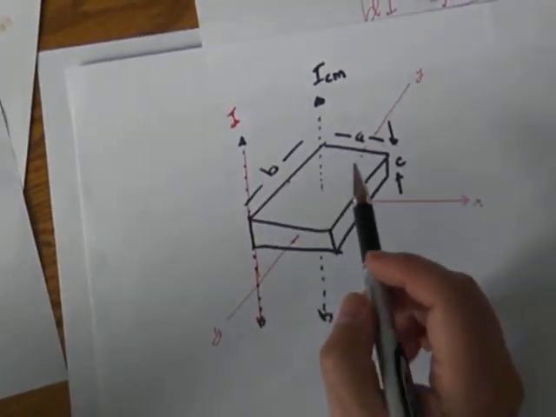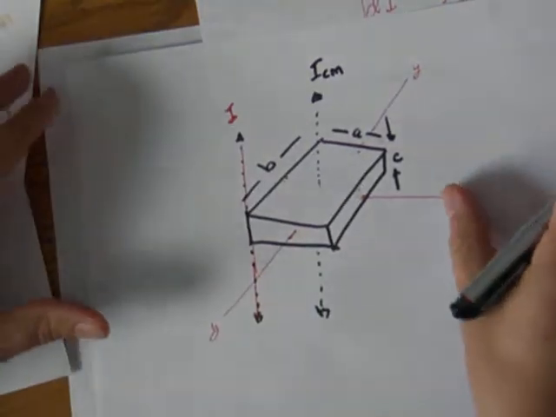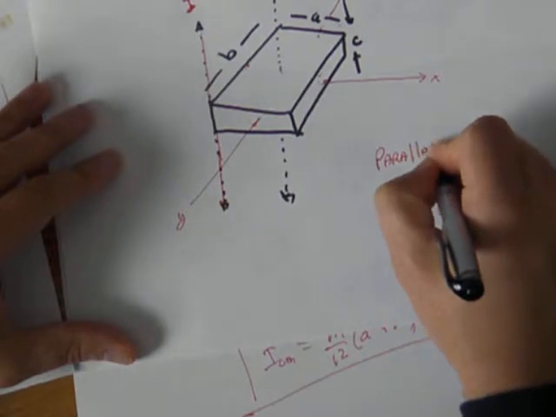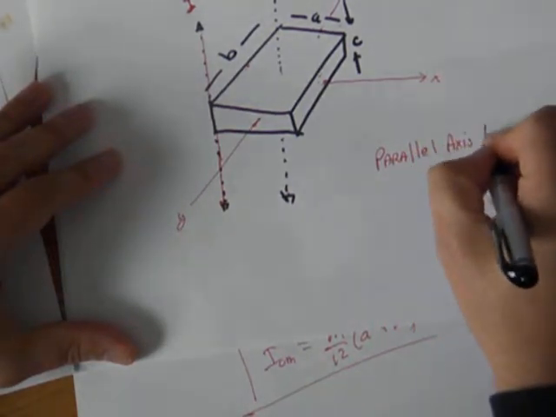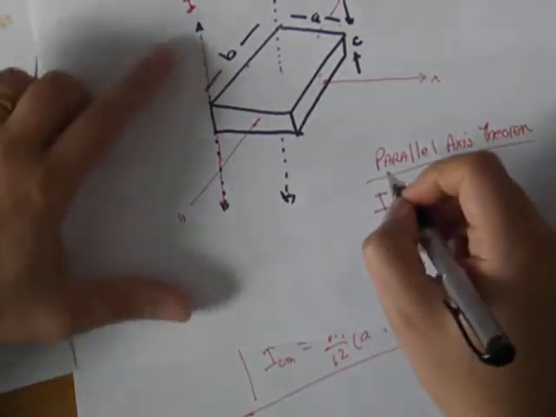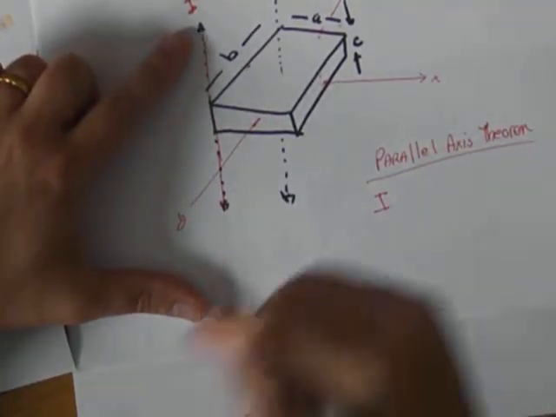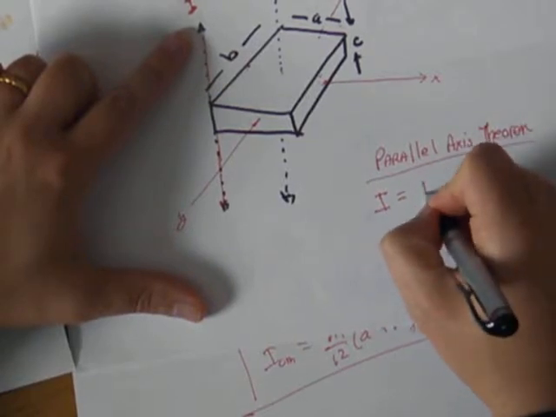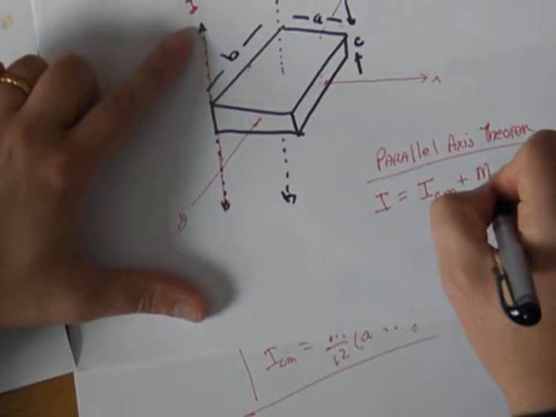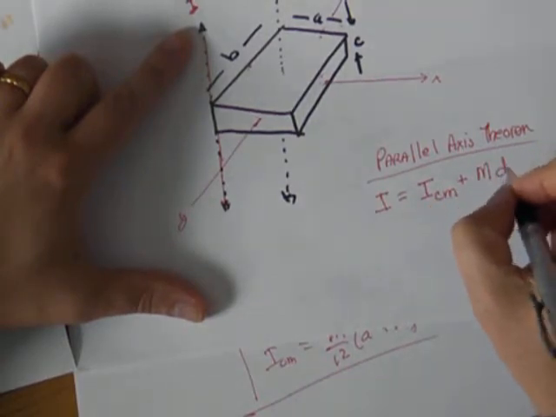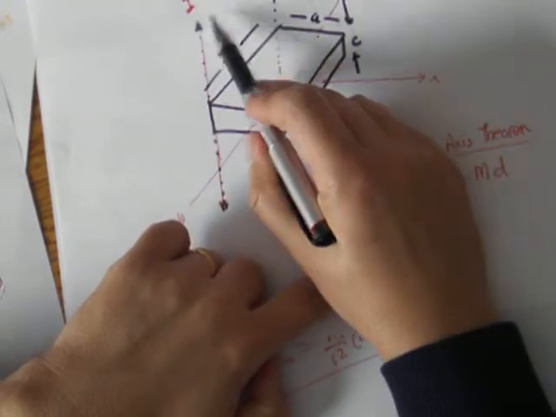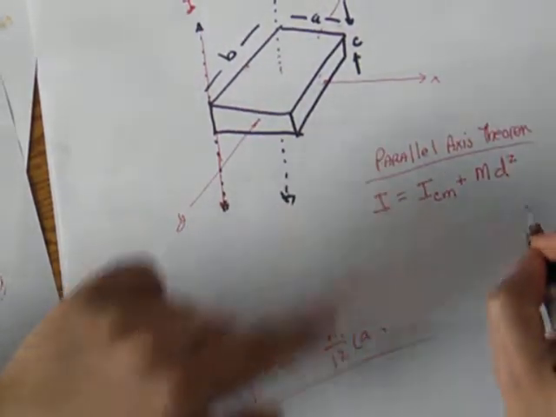Again, using the parallel axis theorem, what we've got to do, the parallel axis theorem states that the inertia through some other axis is going to be equal to the inertia through the center of mass plus the mass times the distance between these two axes, the center of mass to our new axis, squared.